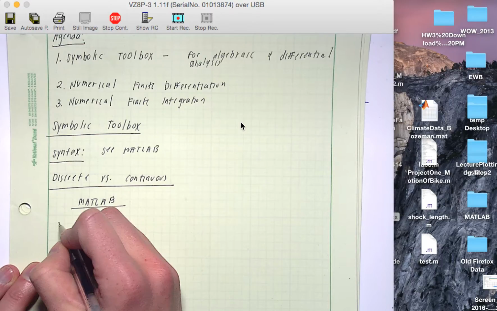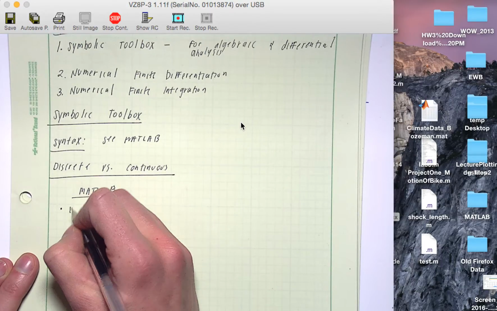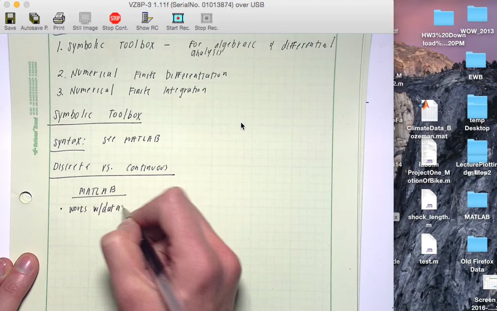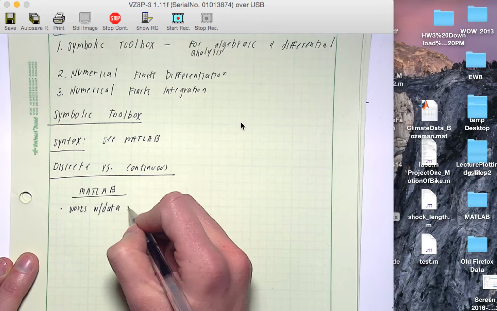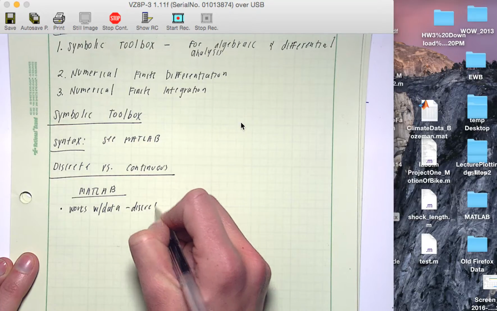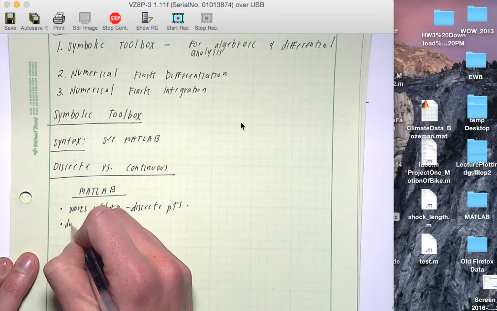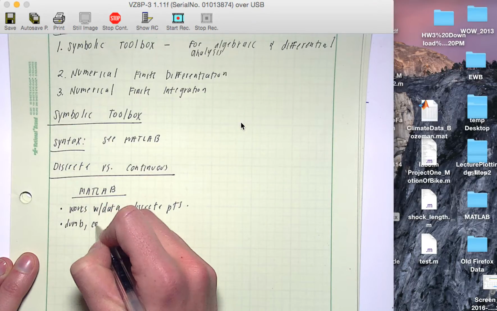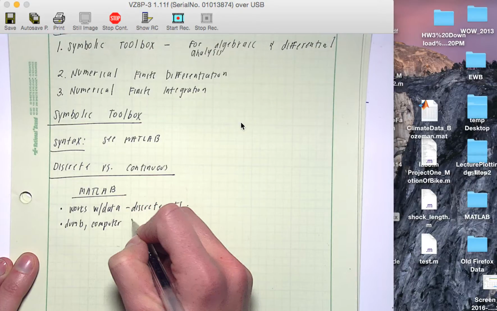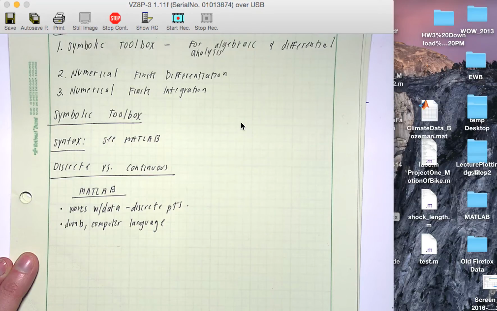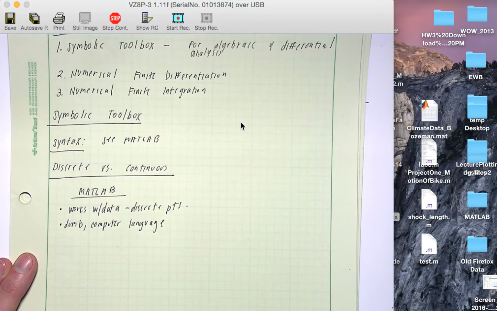MATLAB, aside from the symbolic toolbox, only works with data, which means that it only operates on arrays of discrete points. And MATLAB is a dumb computer language. It can only do exactly what you tell it. It can't make decisions. It can't decide on whether things are okay or not. All it can do is exactly what you tell it to do.